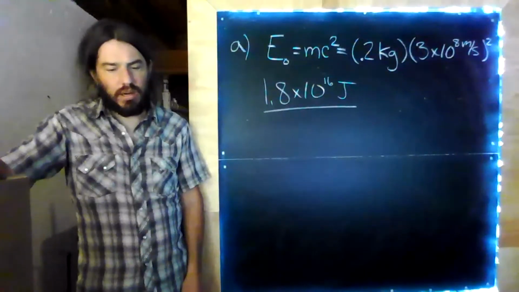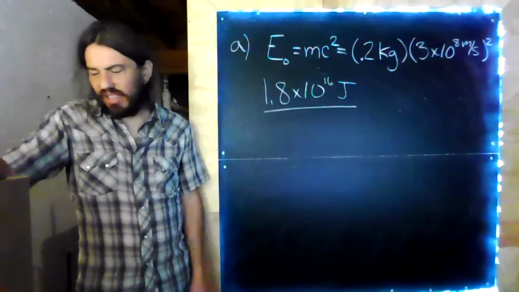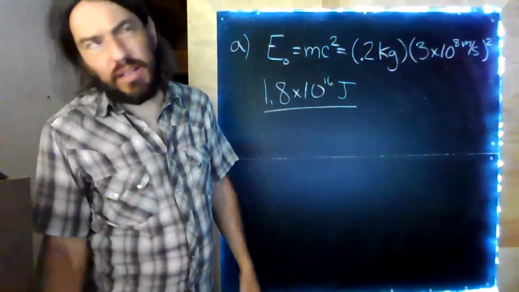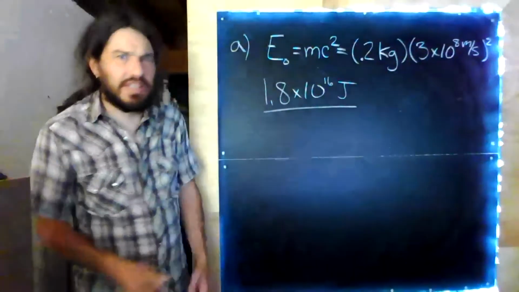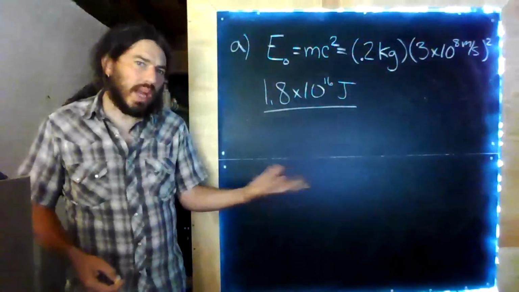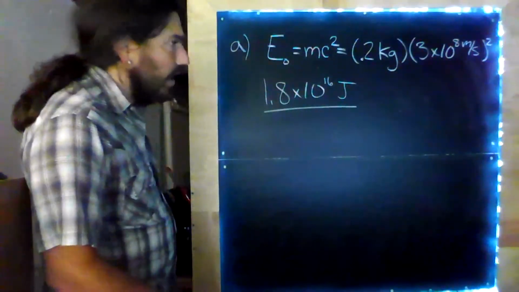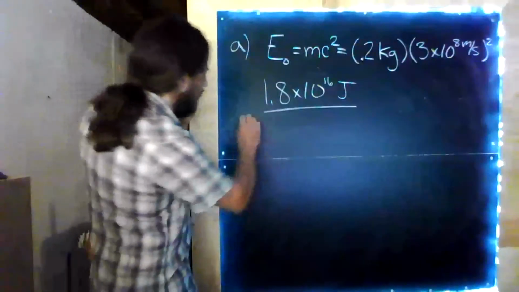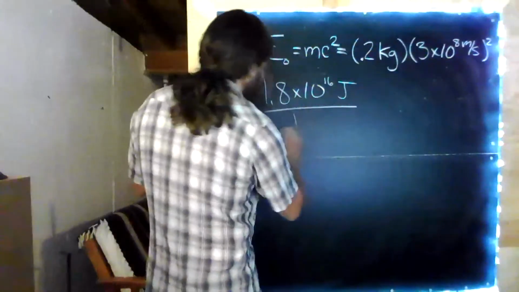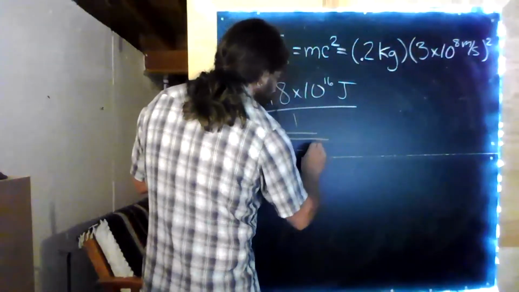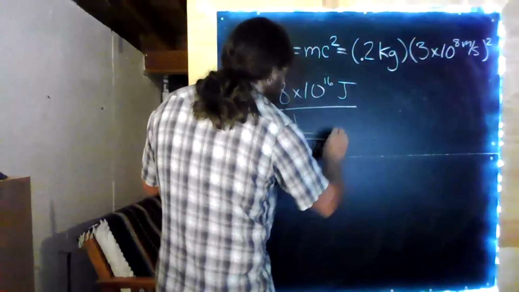Well, first of all, let's calculate gamma and see what we get. Let's see if we might need to do a relativistic calculation or if we might get away with just the standard calculation that we would have done in Physics 1. So recall that gamma is 1 over the square root of 1 minus u squared over c squared.